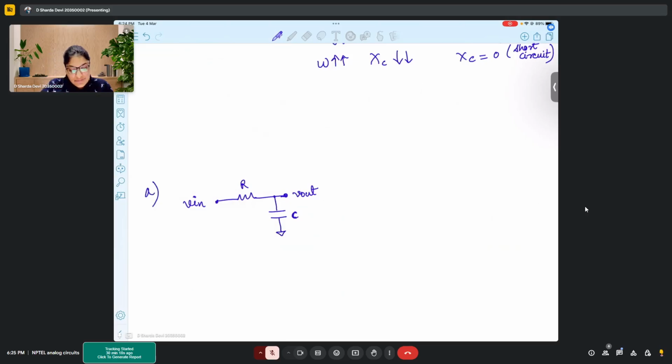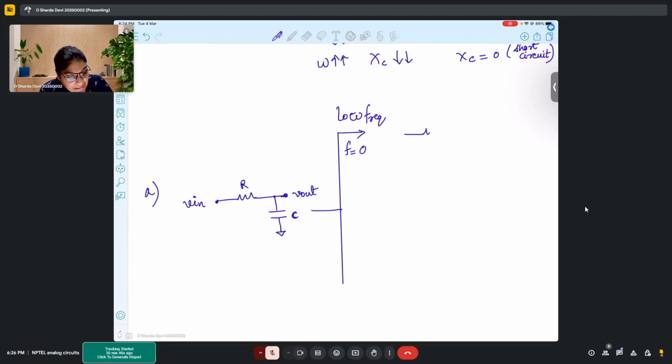So first of all, in low frequencies, that is f equal to say 0, the DC condition, we know that the capacitor becomes an open circuit.